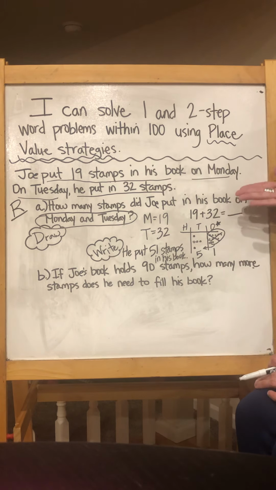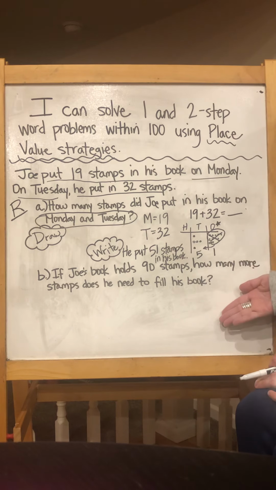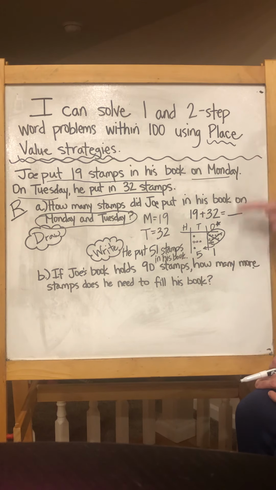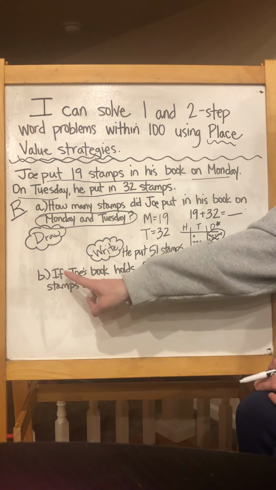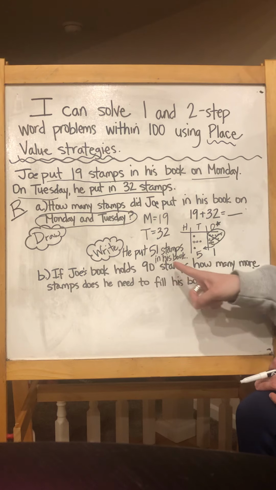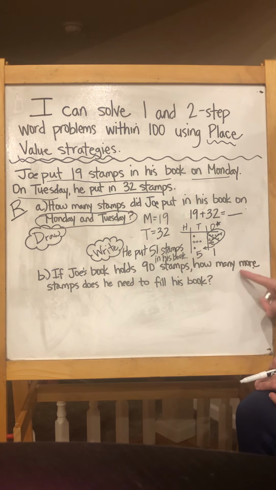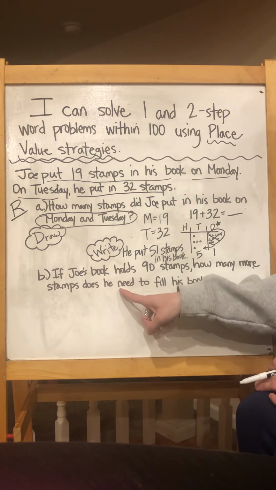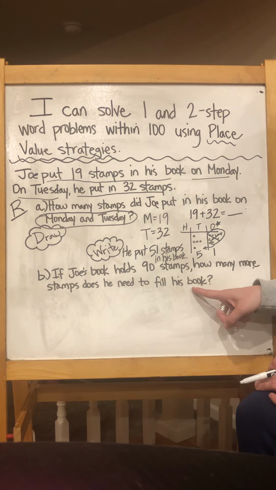Now that I've answered this first part, I'm ready to answer the second part. So the second part in this two-step question is asking us, if Joe's book holds 90 stamps, how many more stamps does he need to fill his book?